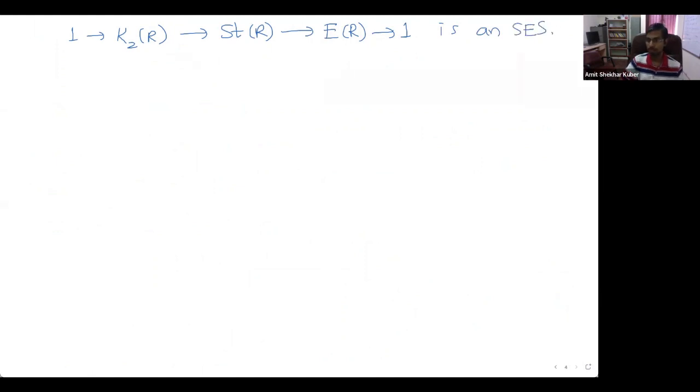By doing this, we get the presentation: 1 to K2(R) to St(R) to E(R) to 1. This is an exact sequence, where the natural projection map sends xij(a) to eij(a). In St(R), the xij's don't have any meaning; they are not necessarily matrices, but when you map them to E(R), they are matrices.